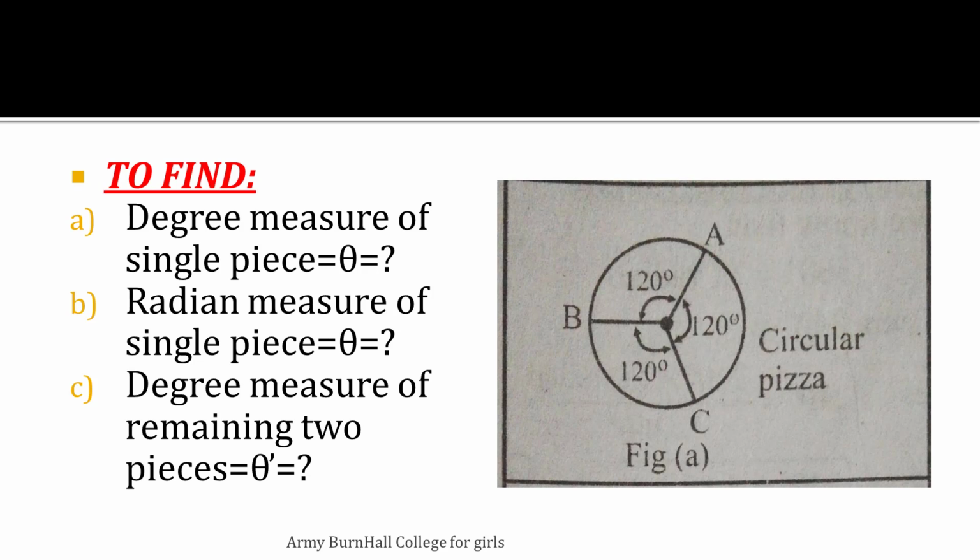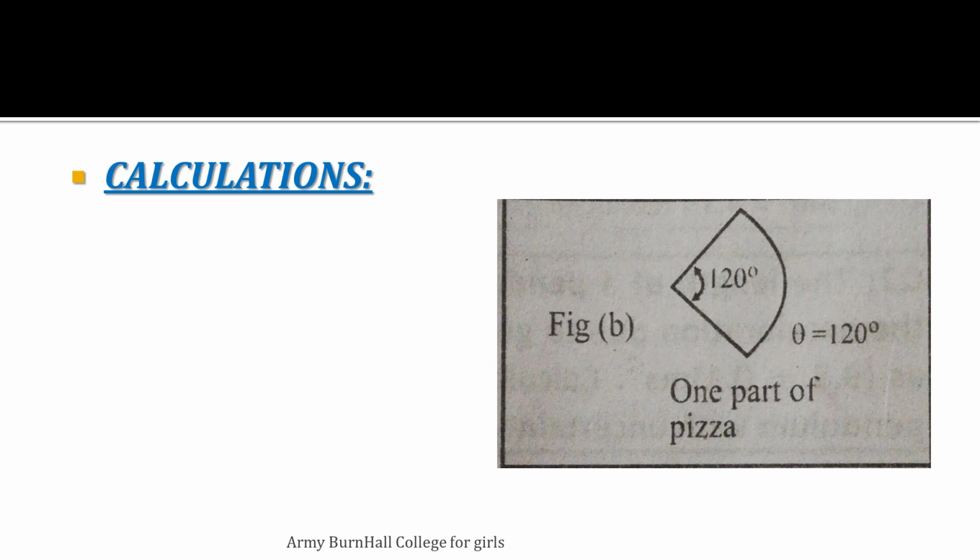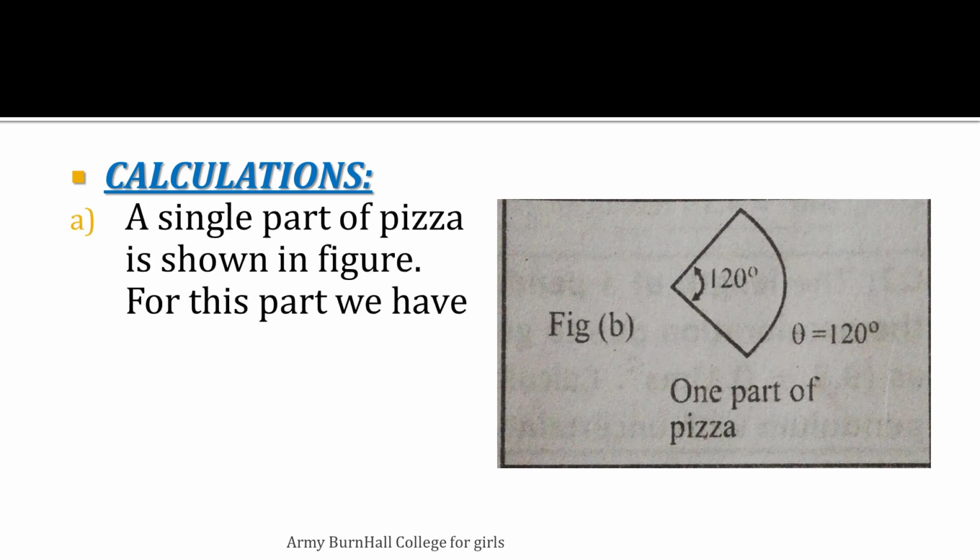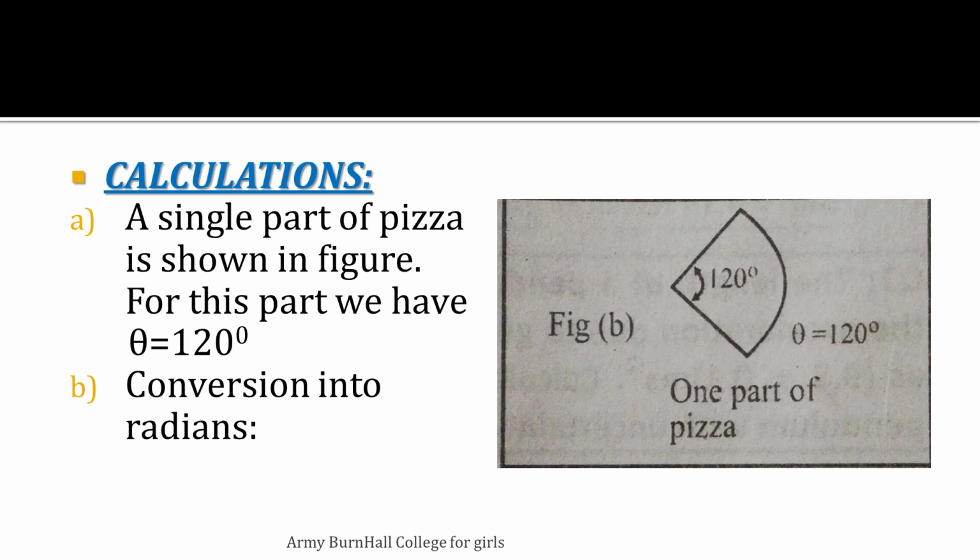Separating one piece, we know that it has an angle of 120 degrees. A single part of the pizza is shown in the figure. For this part, theta is equal to 120 degrees. Now we can convert this into radians.